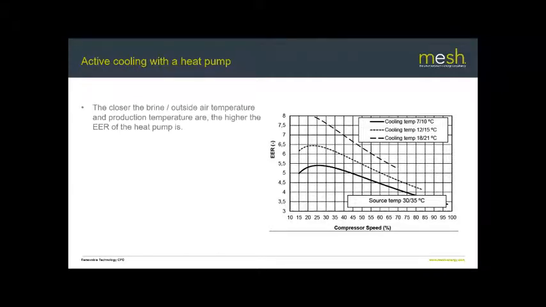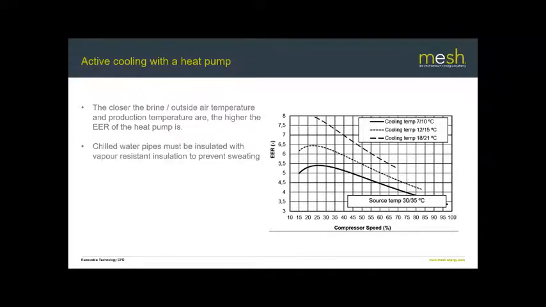Generally speaking, many systems are specified with cooling water temperatures of between 7 and 10 degrees. And this gives a worse EER than if you specify higher cooling temperatures, such as 12, 15 or 18 to 21. However, the downside of this is that the cooling capacity of the system would be reduced.